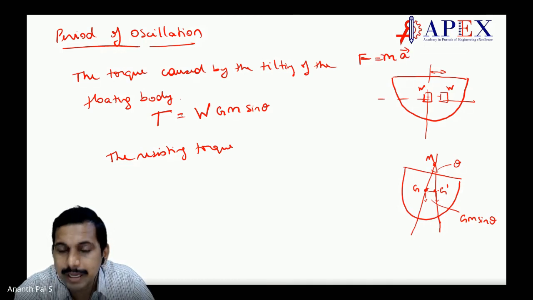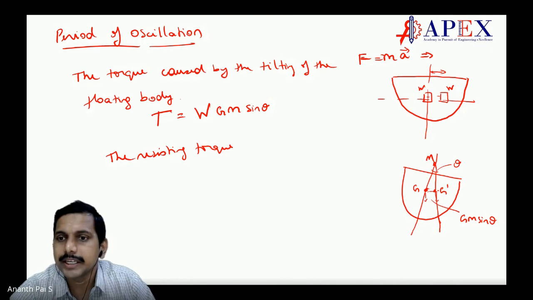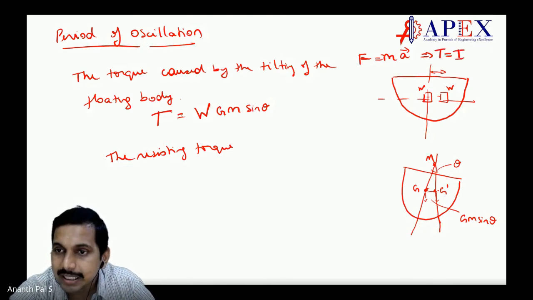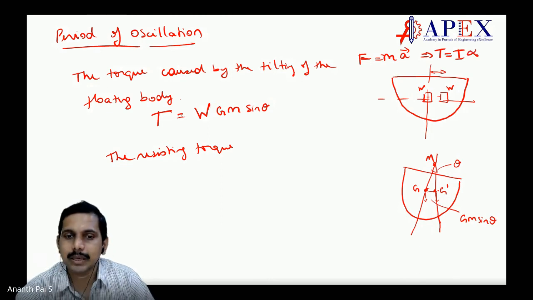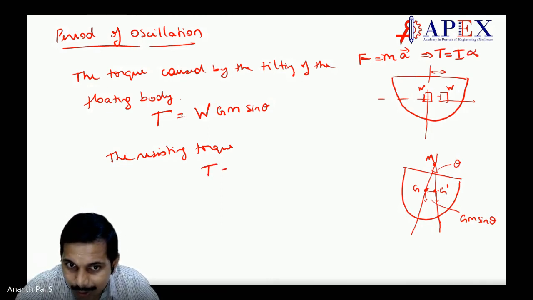Similarly, in turning motion or rotation, torque is equal to I into alpha. Keep in mind, the resisting torque T is also equal to I into alpha.